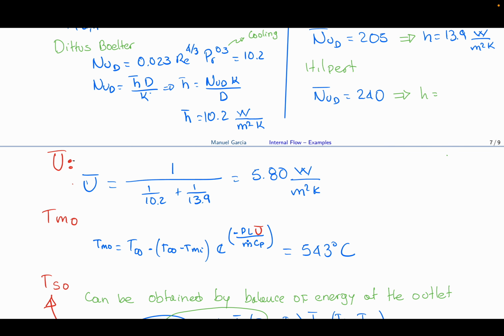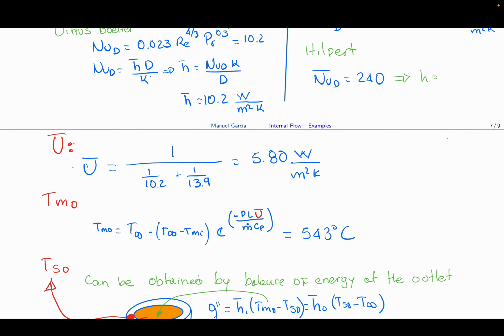So we replace all those values, and we got a temperature of 543 Celsius. So that's the temperature at the outlet. Okay, that's one of the answers.